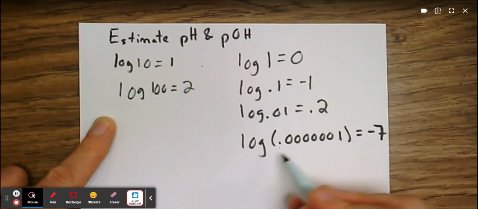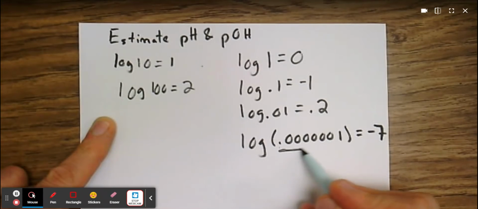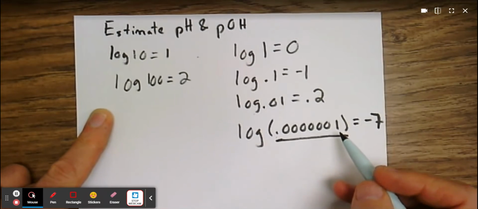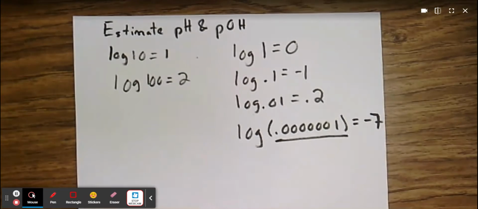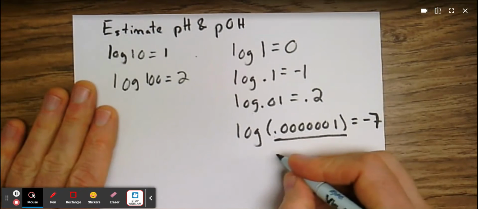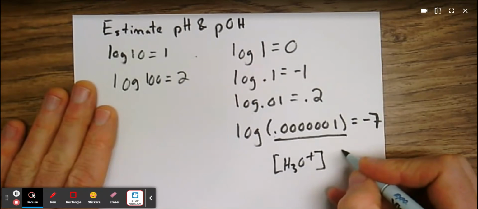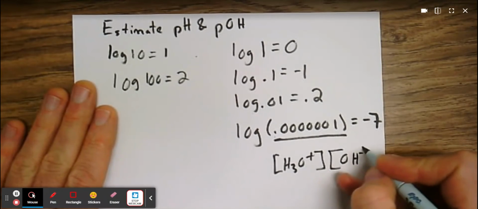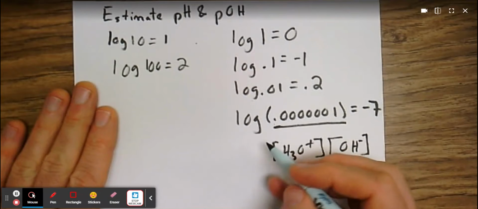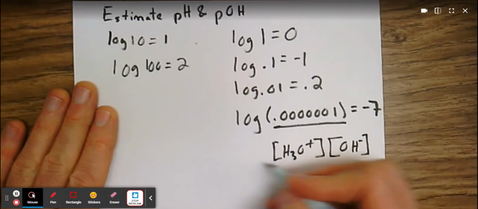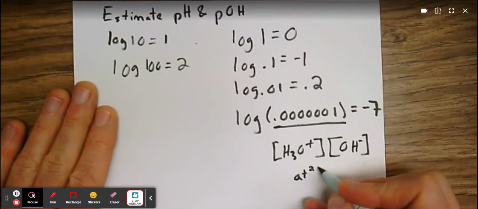Now this is really important because you'll notice this right here is the concentration of H3O plus and OH negative of water at 25 degrees Celsius.